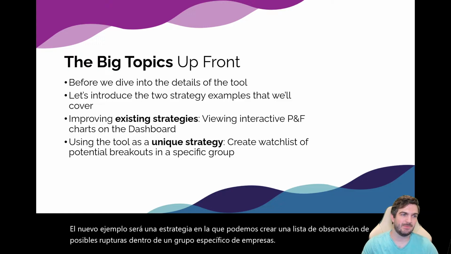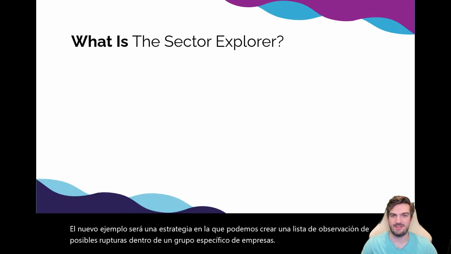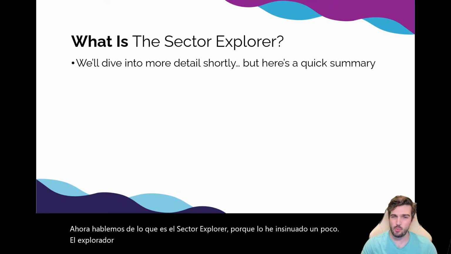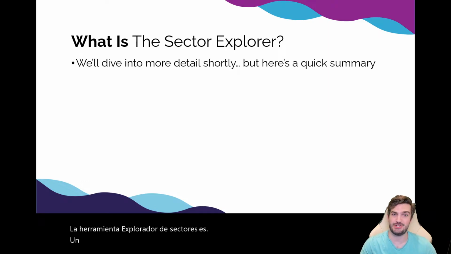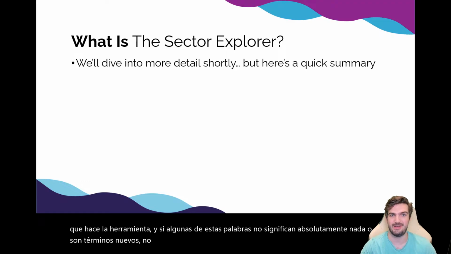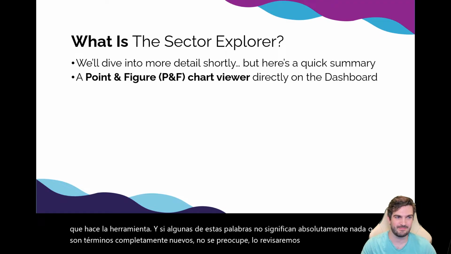Now, let's talk about what the Sector Explorer is, because I've hinted at it a little bit. The Sector Explorer tool is quite a bit of different information all put into one. So here's a quick summary of what the tool does. And if some of these words mean absolutely nothing or they're brand new terms, don't worry, we'll go through and define those terms together.